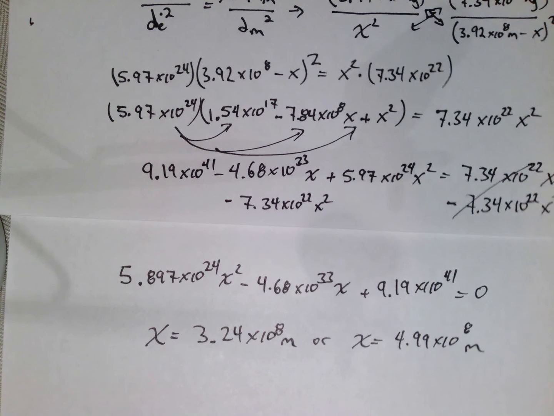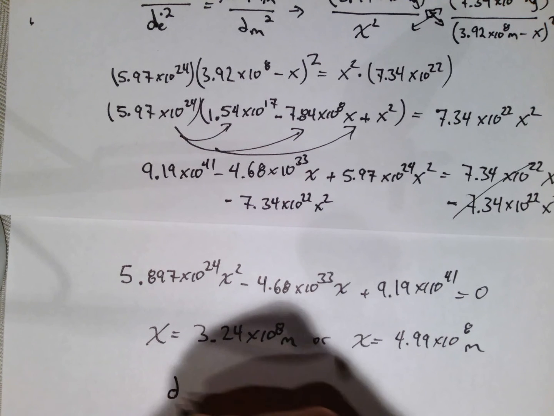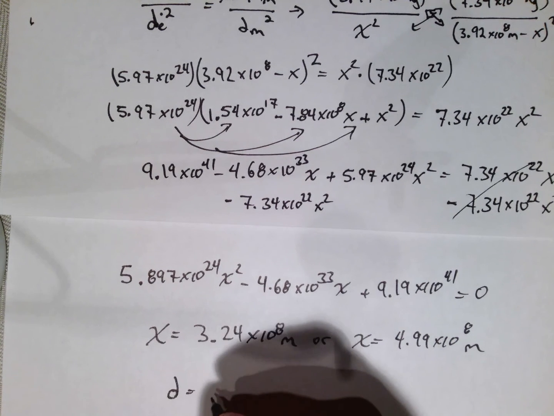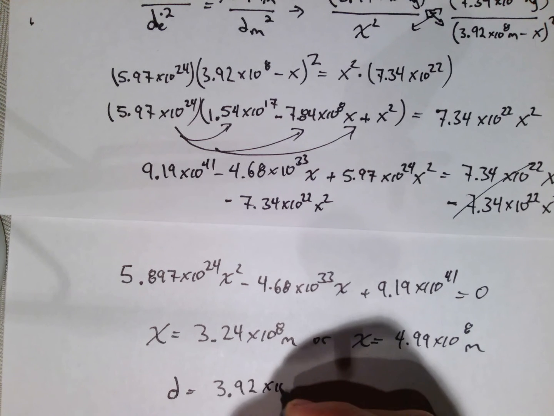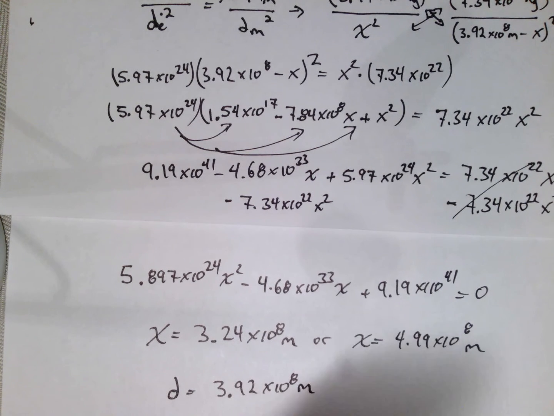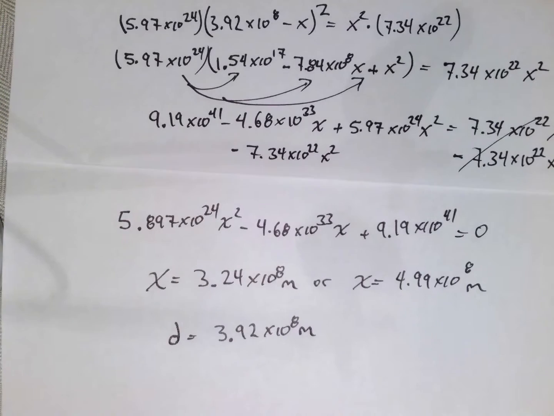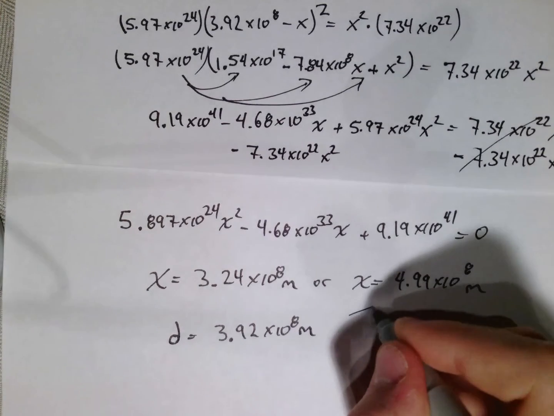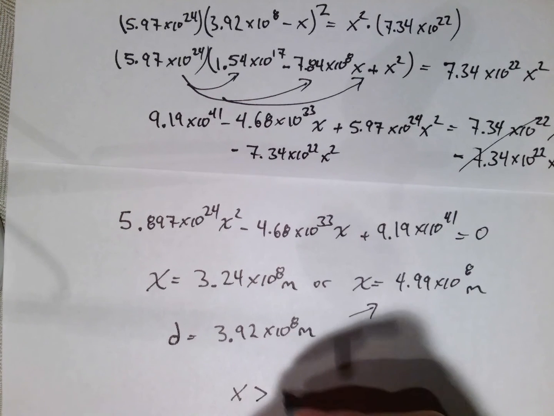How are you going to pick the right one? Well, let's keep in mind the distance between the Earth and the Moon. We calculated that from center to center. We said that the distance was 3.92 times 10 to the 8 meters. That's the total distance between these two, the Earth and the Moon, sorry. This number here, in this case, x is larger than d.